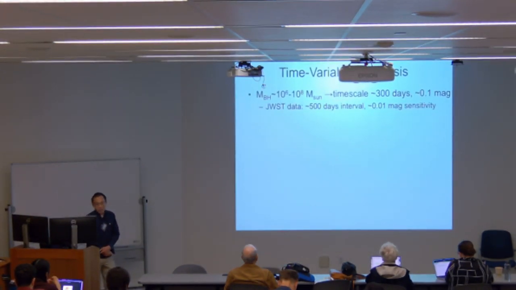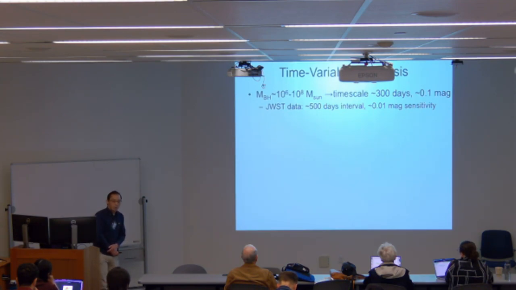Then, in order to understand the properties of these broad-line objects, we recently conducted a time variability analysis. The black hole mass is 10^6 to 10^8 solar masses. If we use the local relation, then the variability timescale is about 300 days in the observed frame, and the amplitude should be about 0.1 magnitude.